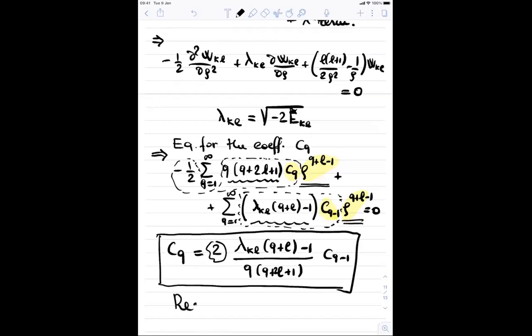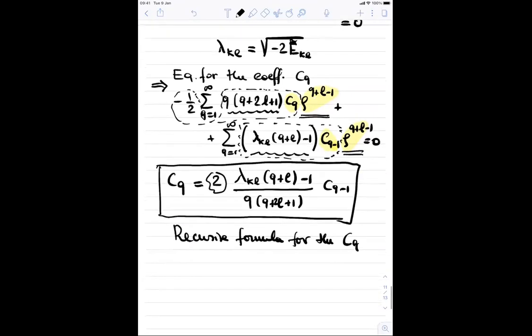There is a recursive formula for the c_q. So if I give you C0, you produce for me C1, and then from C1 you produce C2, and then from C2 you can produce all coefficients. So I know the function completely.